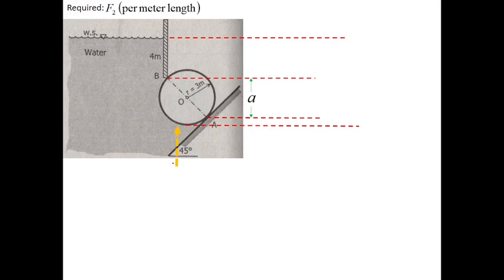So, case 2. Ito yung ating F2. Ito yung F2 at ito yung kanyang nasasakupan na area. Yan yung nasasakupan niya.